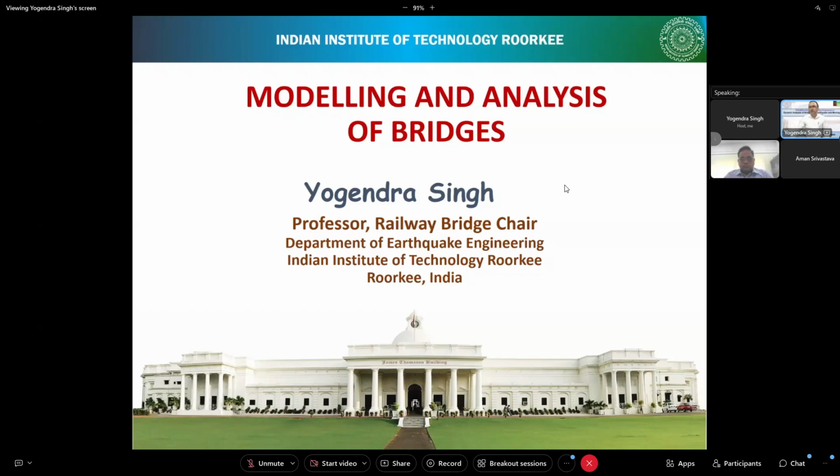Due to those vibrations of the bridge, the dynamic response is more than the static response, and we commonly know this as either the impact factor or CDA, coefficient of dynamic augmentation. Both take care of this dynamic effect. The problem occurs when there is a resonance between the structure and the moving load.